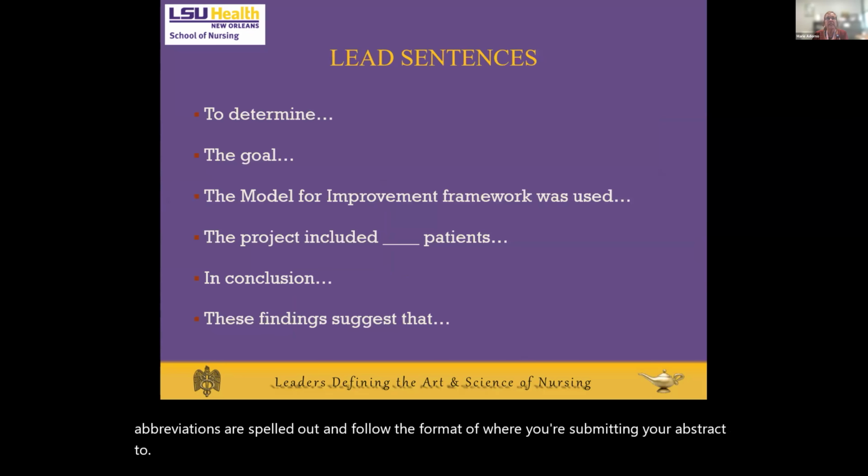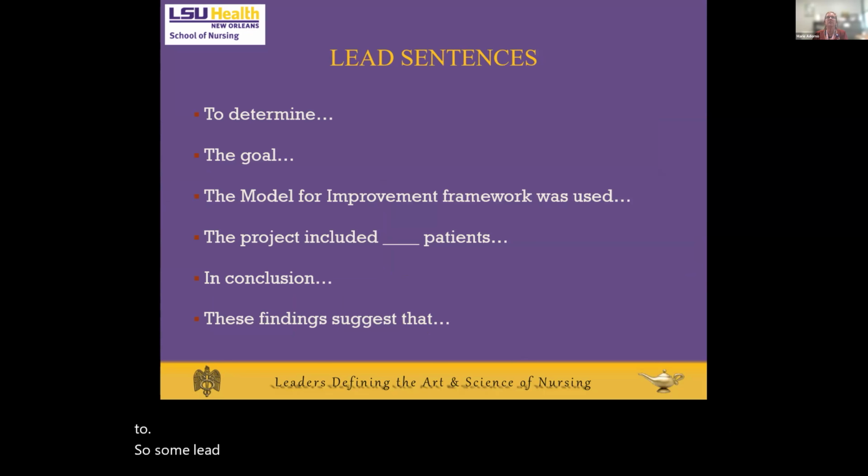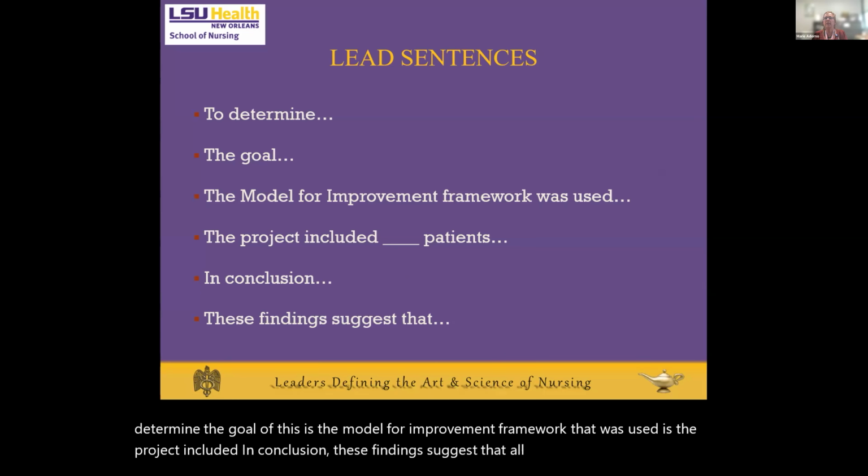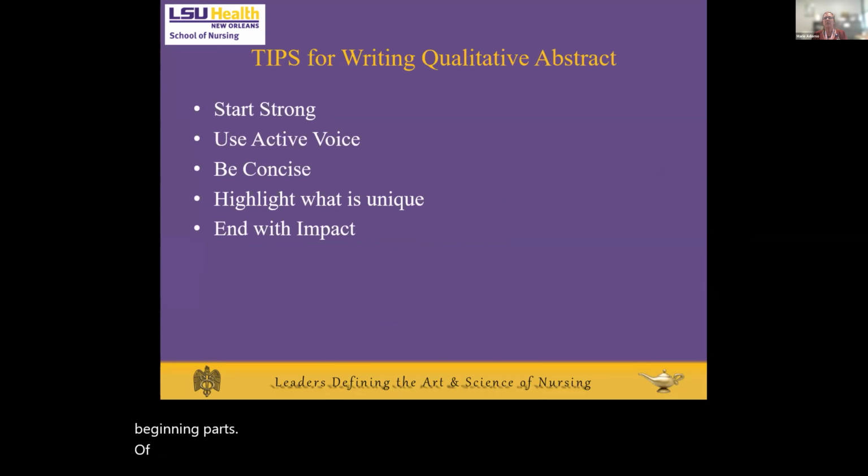Some lead sentences that are sometimes used are: to determine, the goal of this is, the model for improvement framework that was used is, the project included, and in conclusion, these findings suggest that. All of those are key beginning parts of the abstract itself.